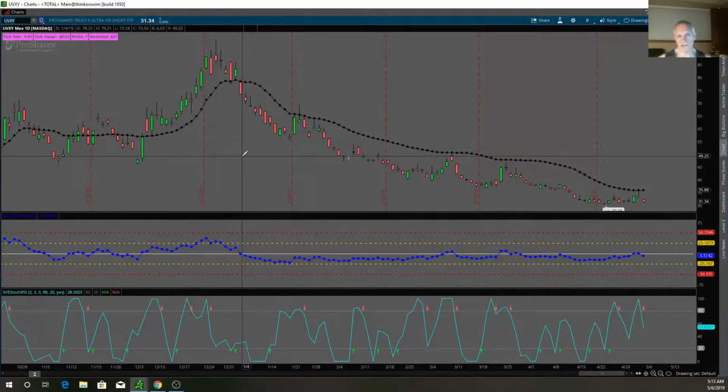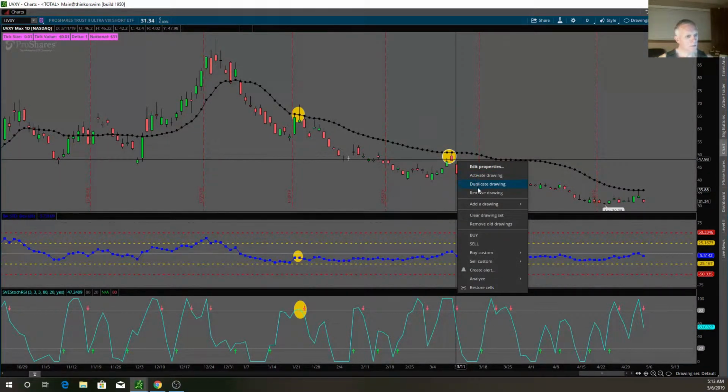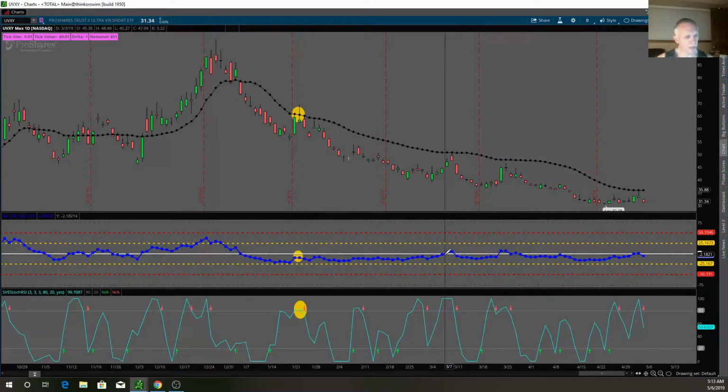Okay, here you can see the sell side. Perfect sell signals on this one. I'm going to remove that because we had a little broach above right there.